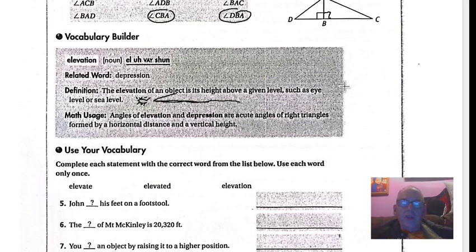And an angle of elevation is the angle that you look up at from eye level. An angle of depression is the angle that you look down at from this eye level. We call this angle of elevation. This is angle of depression. So we're going to focus on the definition of elevation to start with.